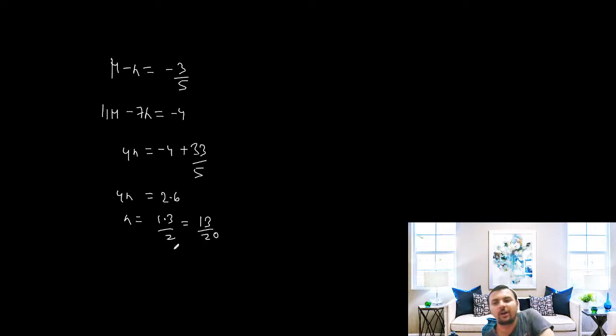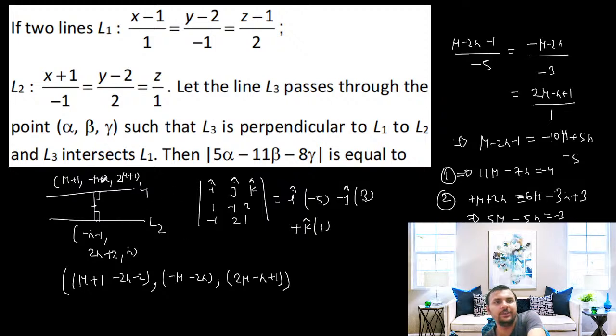So lambda we got. So this point is minus 13 by 20, which is 33 by 20. This is 13 by 20. So 13 by 10, 33 by 10, 13 by 20. Okay. So we have to find alpha, beta, gamma.